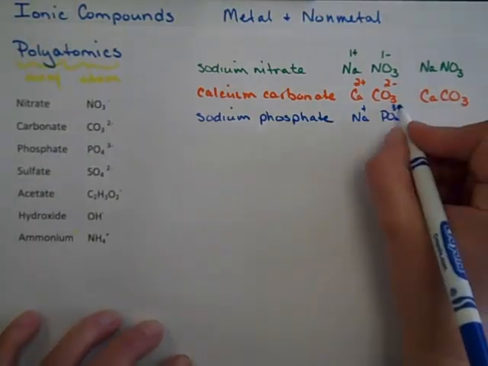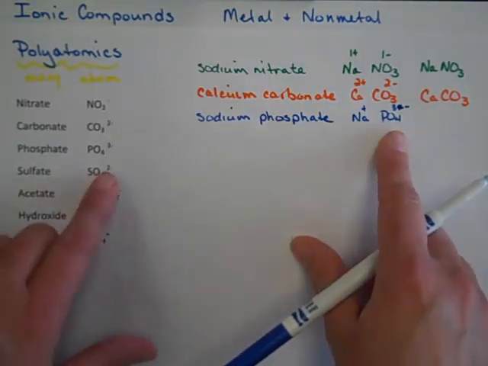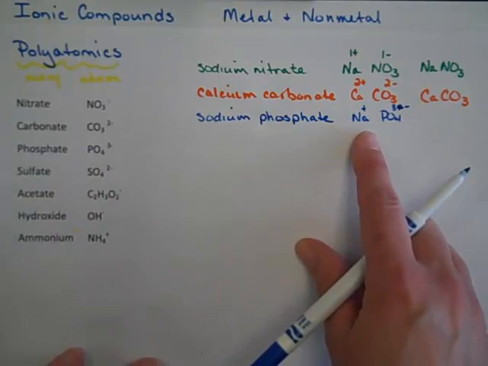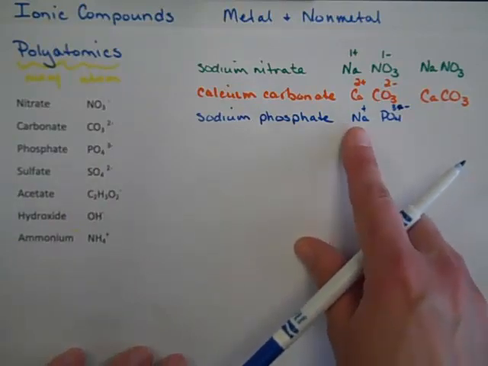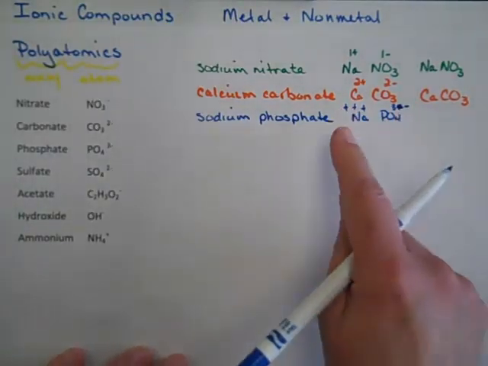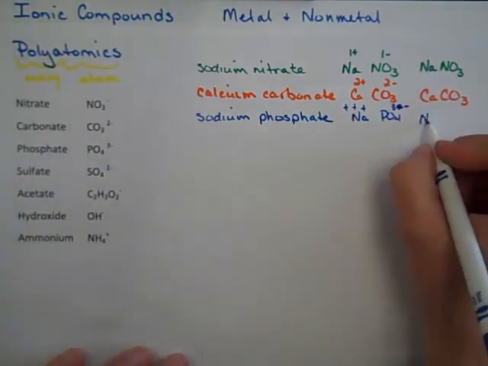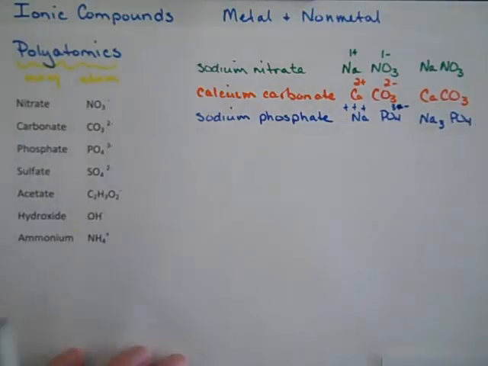Oops, this is negative, sorry. Negative. So we have 3 negative on our phosphate, not positive, and a +1 on our sodiums. So in order to balance out these 3 negatives we would need 3 positives. So to write sodium phosphate, we would have Na3PO4.